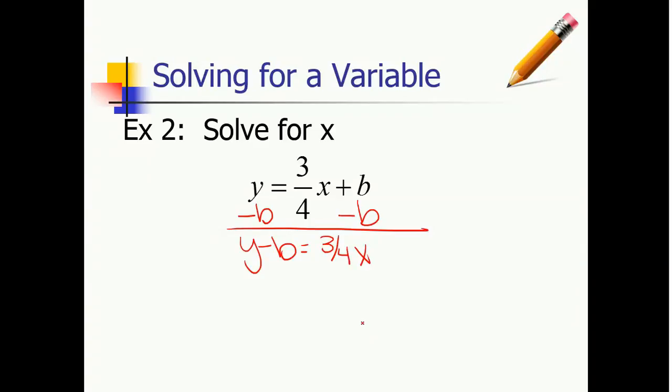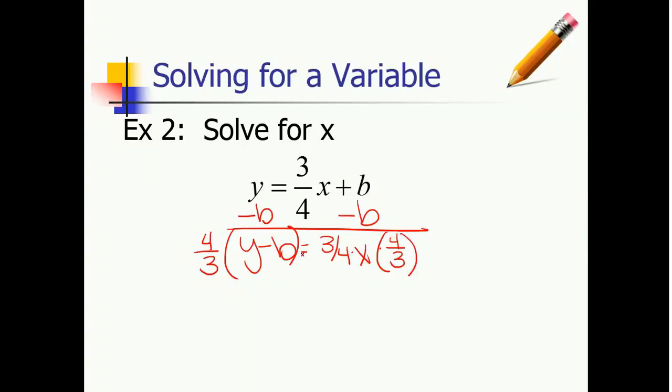X is almost alone. I just have that 3/4 hanging out. So that's 3/4 times x, so I've got to undo multiplication with division. Dividing by a fraction, though, is the same as multiplying by the reciprocal, or the flipped version of the fraction, right? So I'm going to multiply both sides.